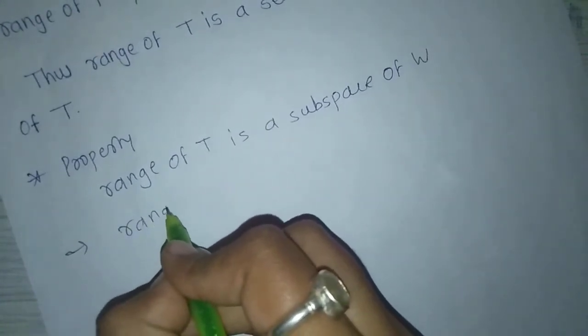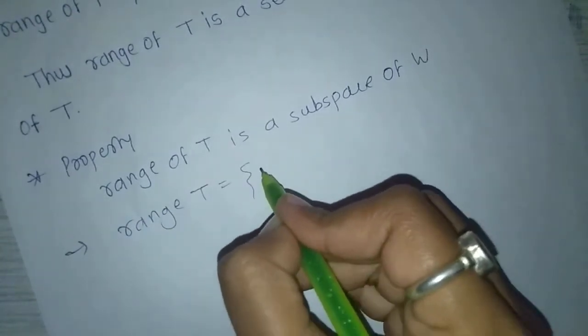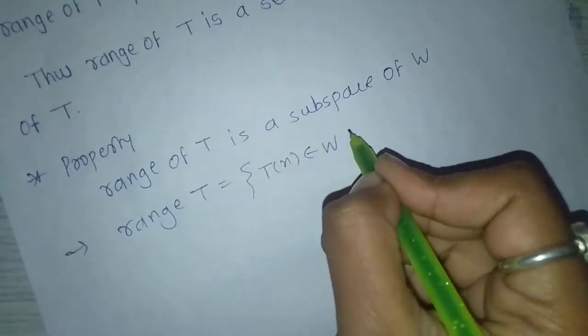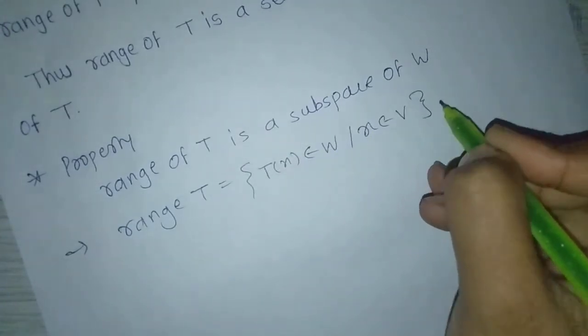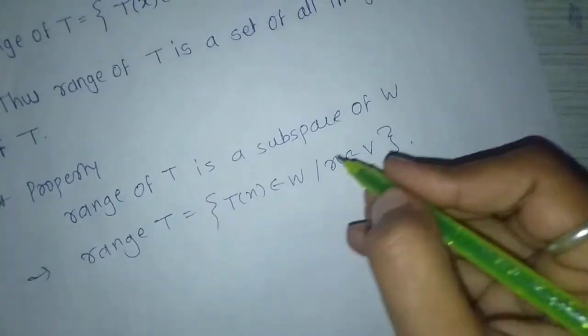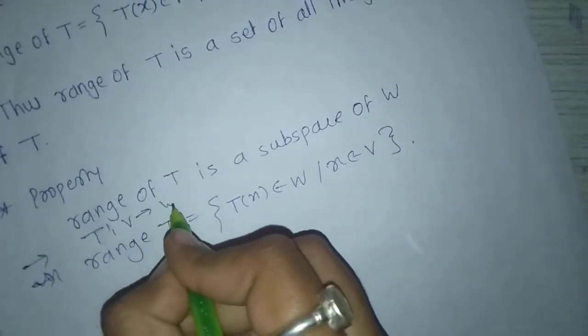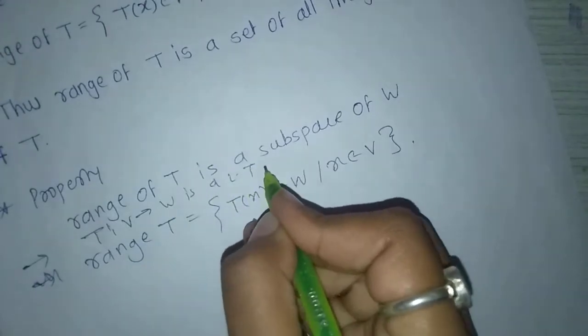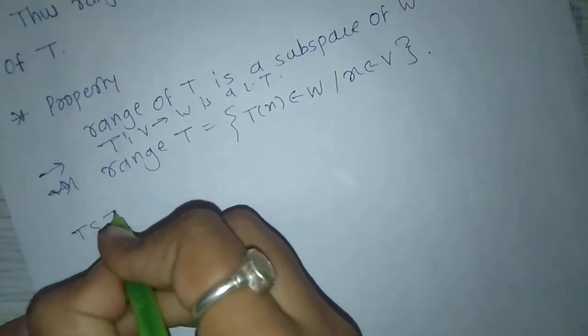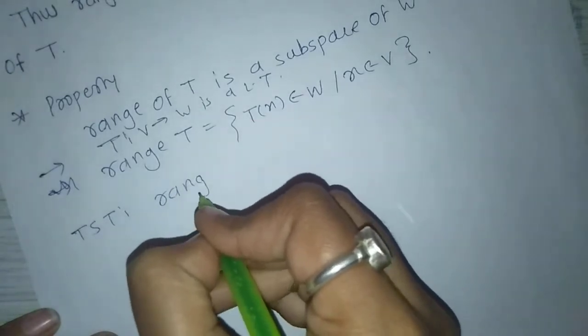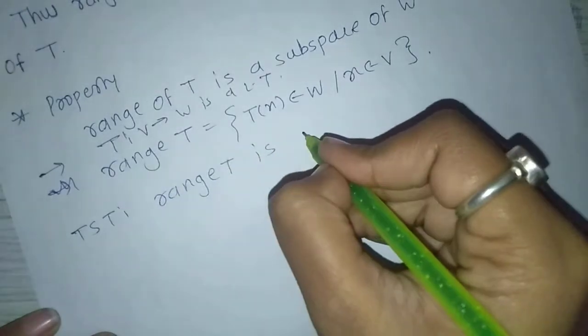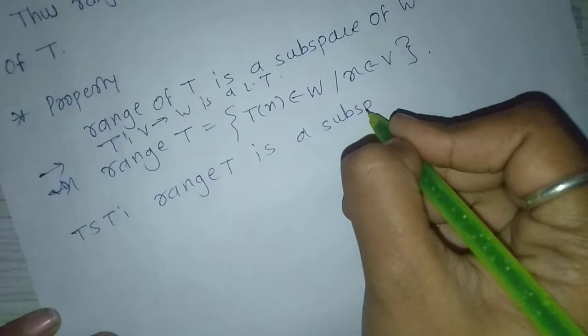Range of T is the set of T of X belongs to W and X belongs to V, where T mapping V to W. First write T mapping V to W is a linear transformation. Now to show that range of T is a subspace of W.